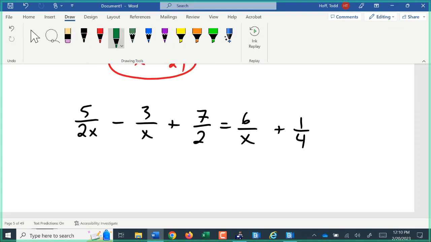So here we have denominators of 2 and 4, and 2x and x. Well, I'm not going to worry about the variables for now.